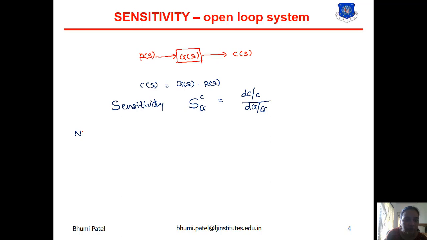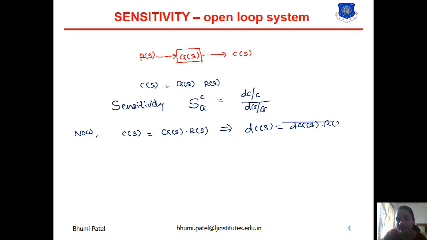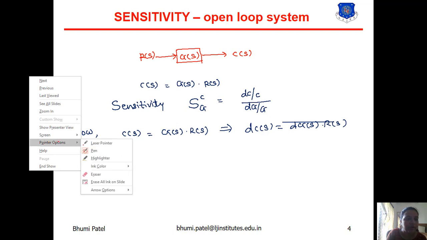Now you already have the equation of C of S. C of S is equal to G of S into R of S. If we want the derivative of the output, dC of S is equal to dG of S into R of S. Now we can write the value of dC using the sensitivity equation.